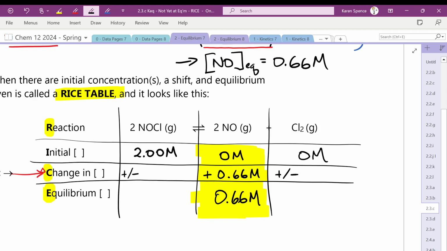There's a couple ways to figure this out. What do you guys think? Plus or minus for the NOCl?